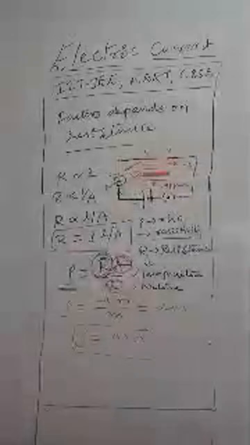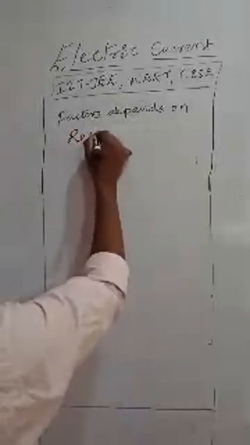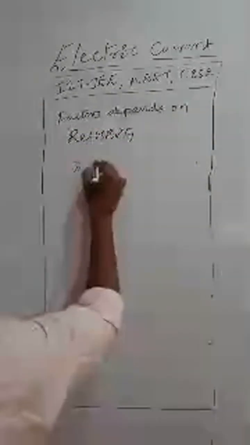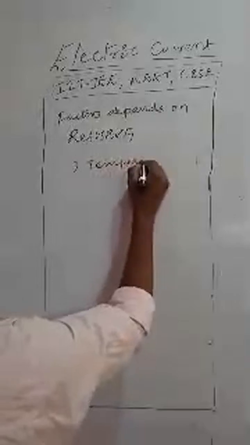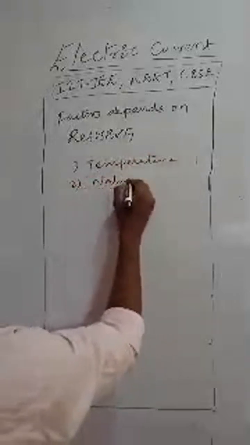What about resistivity? Resistivity does not depend on physical dimensions like length and area. On what factors does resistivity depend? Resistivity depends on temperature, and the second one is the nature of the material.